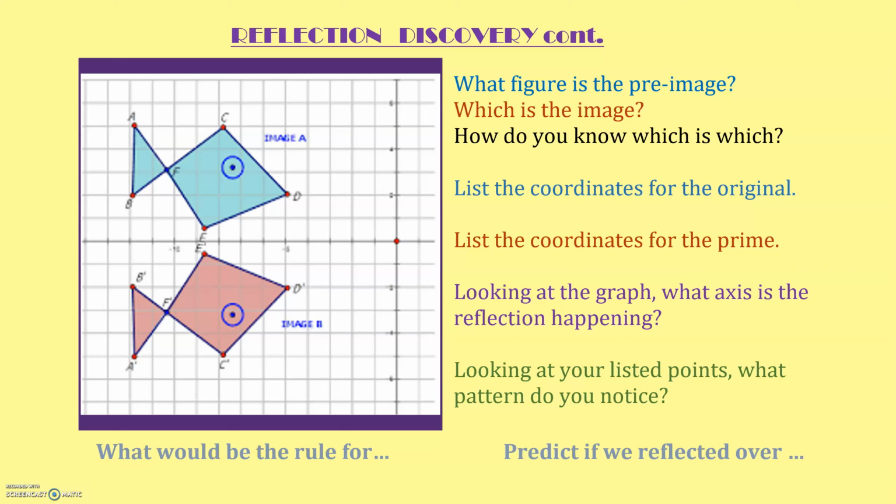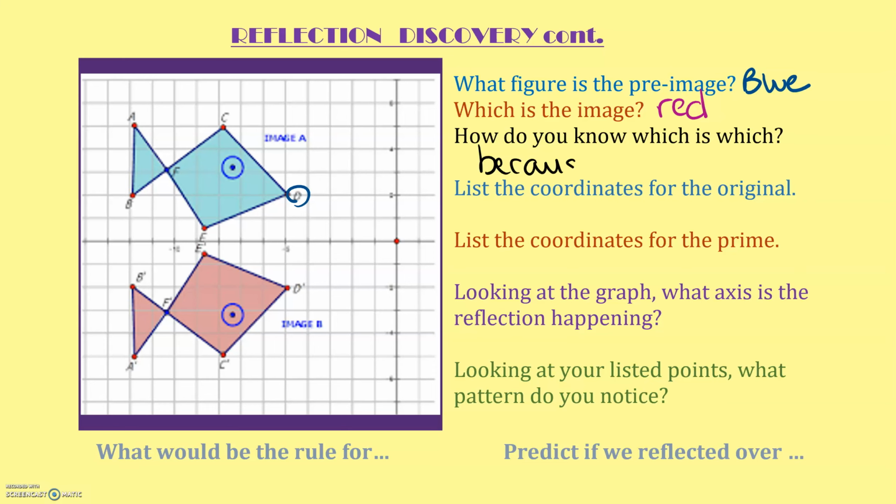The figure that is the pre-image is the blue fish, because it is the one where the points do not have a prime. So the image is what has been reflected, and that would be the red fish. And again, we know which one is which because of the prime.